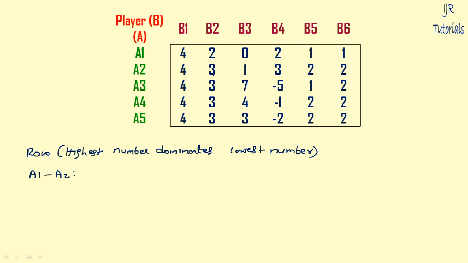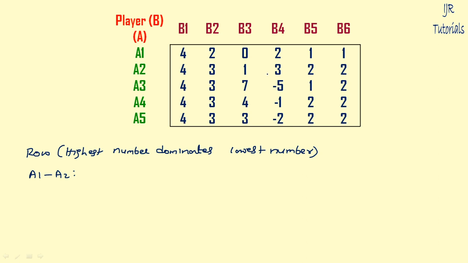In this case A2 is dominating A1. Then the third numbers: A1 is 0 and A2 is 1. That means 1 is dominating 0. So up to 3 numbers, A2 is dominating A1.